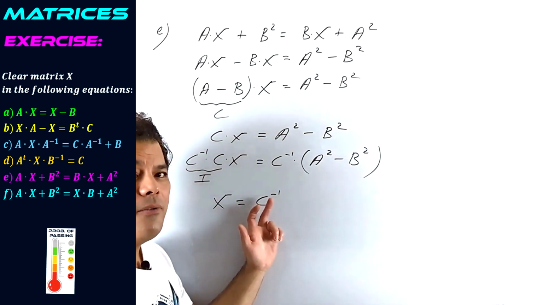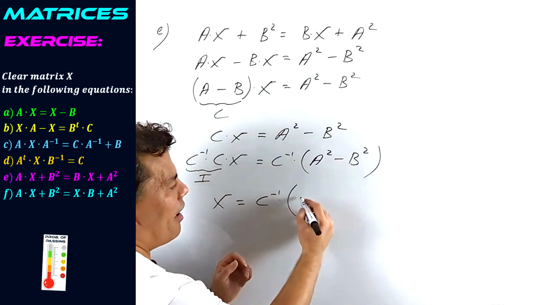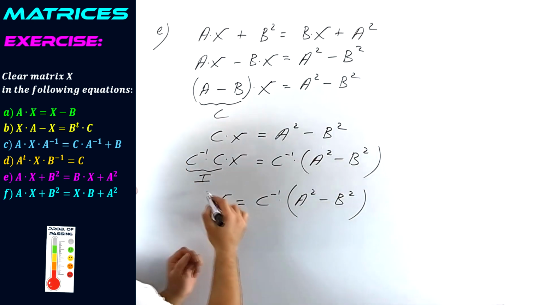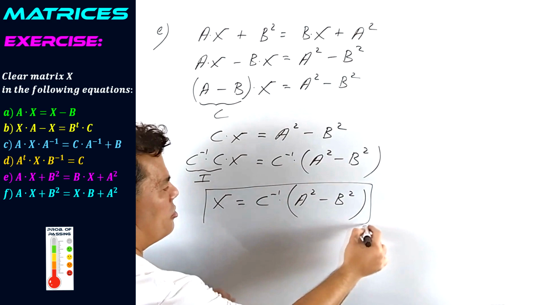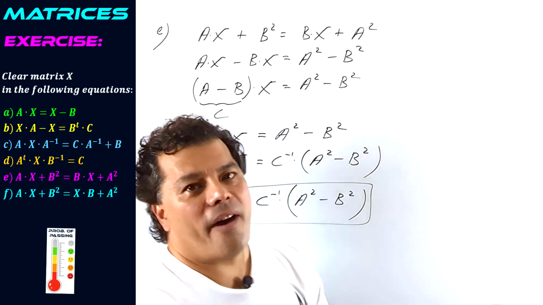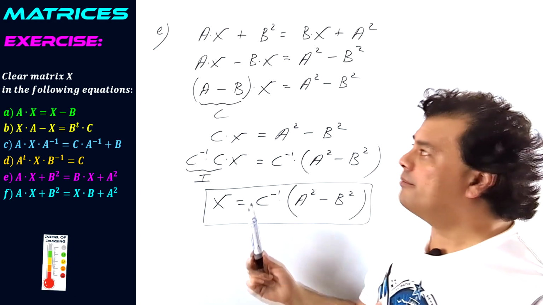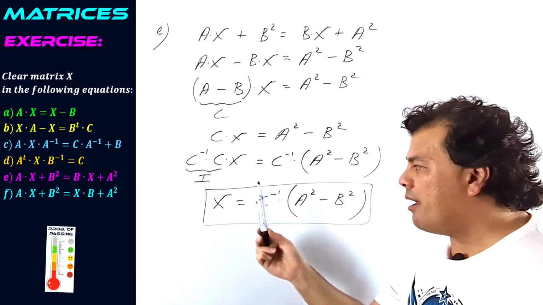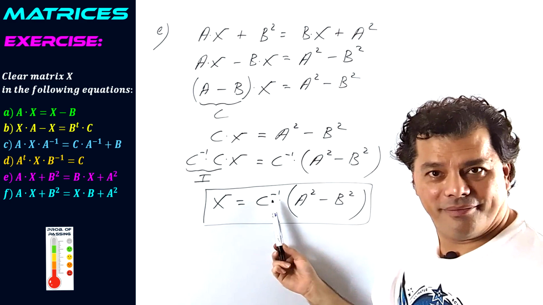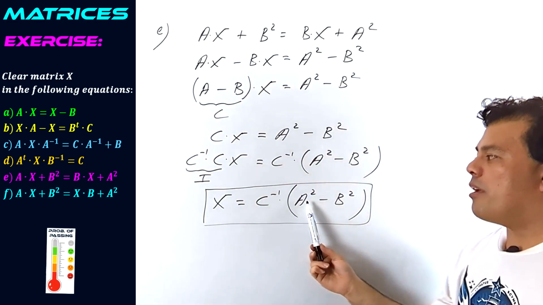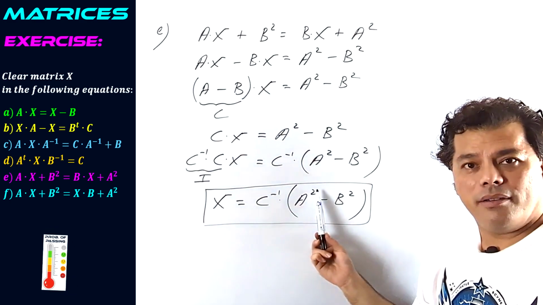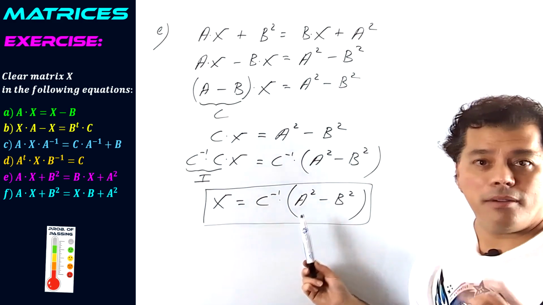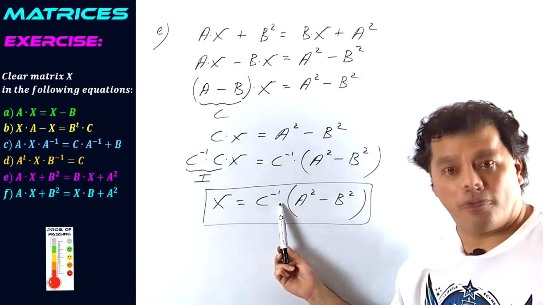C to the negative 1 multiplying A squared minus B squared. We should read the statement to find matrices A and B in order to form matrix C, and then invert it. Then we calculate A squared, B squared, and subtract them, and finally make this product.